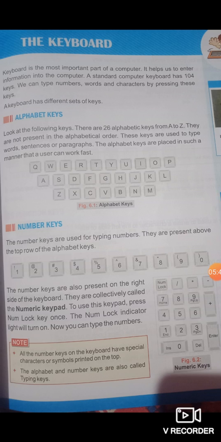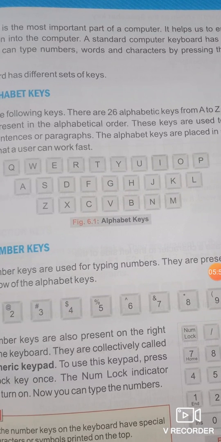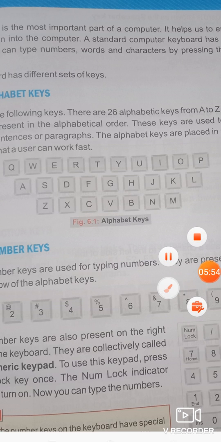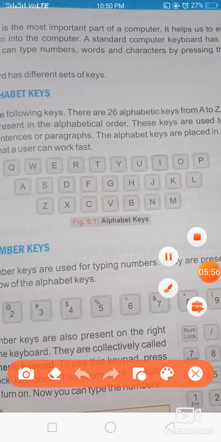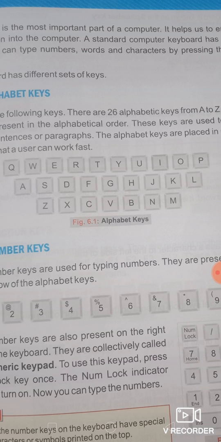As you can see in this picture, these all are the alphabet keys, and here these Q, W, E, R, T, Y, these 6 letters make the word QWERTY. That's why we call it QWERTY keyboard. These all are the 26 alphabet keys from A to Z.